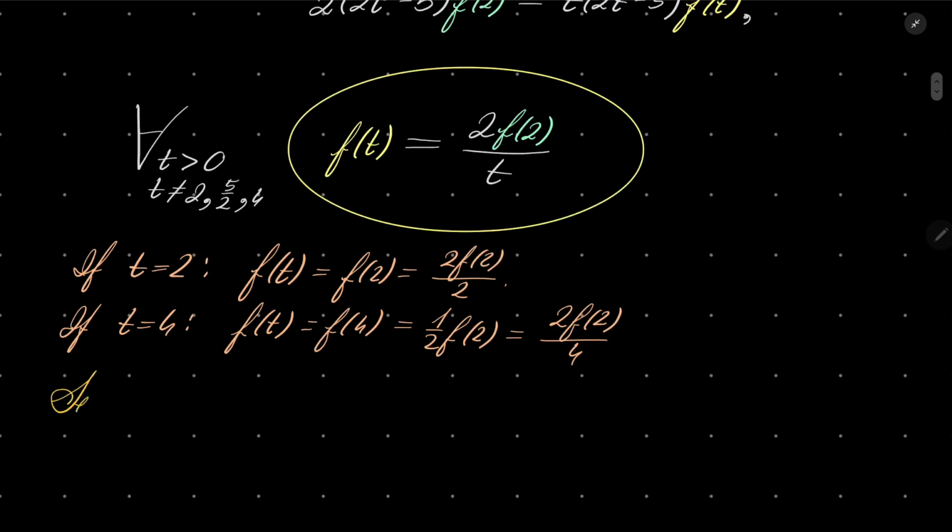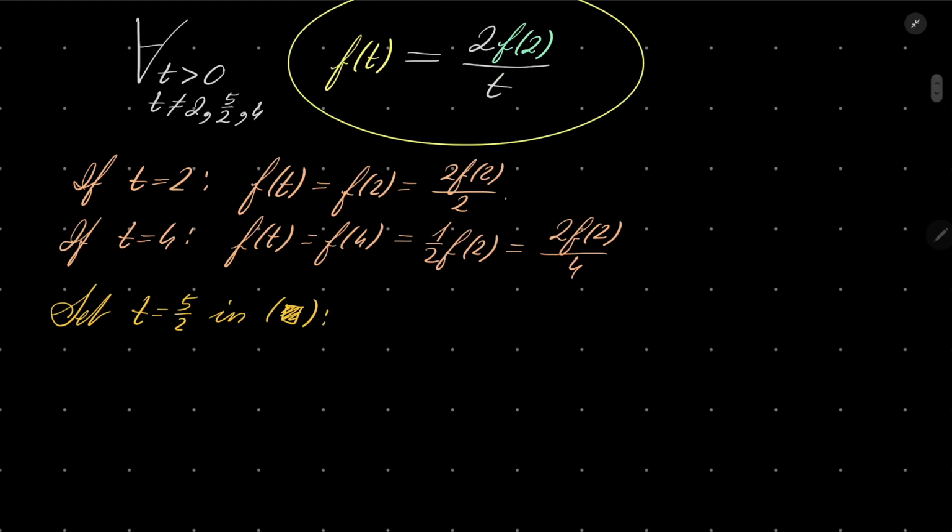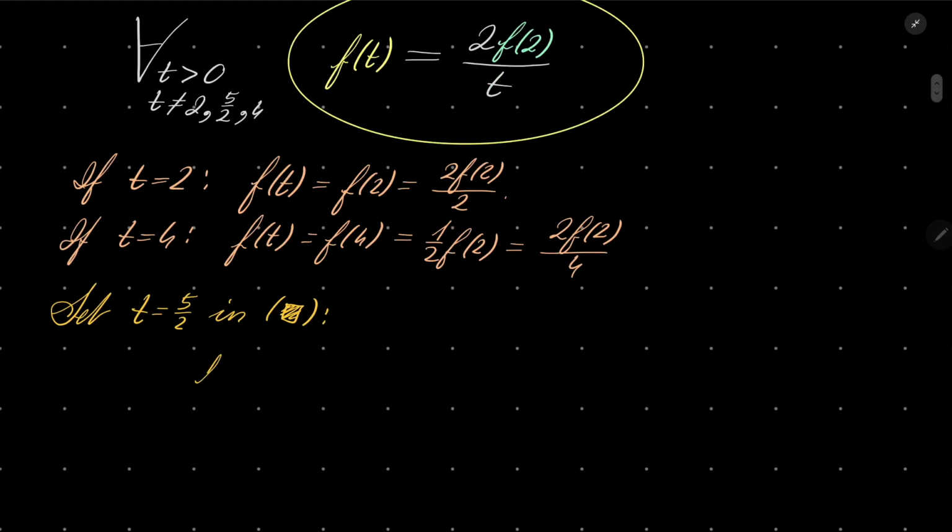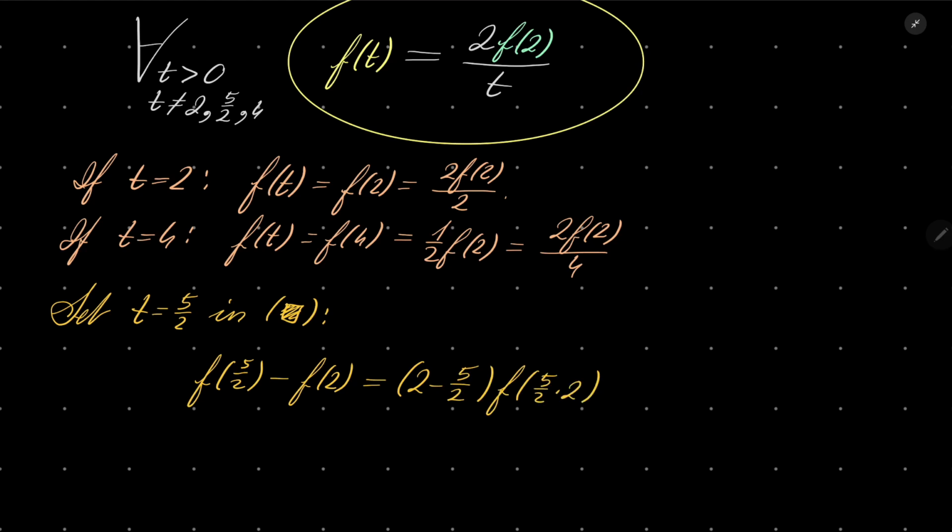So set t equals 5 over 2 in our equation square, you will have the following. f of 5 over 2 minus f of 2 equals 2 minus 5 over 2 f of the product of this. So it's 5 over 2 times 2.